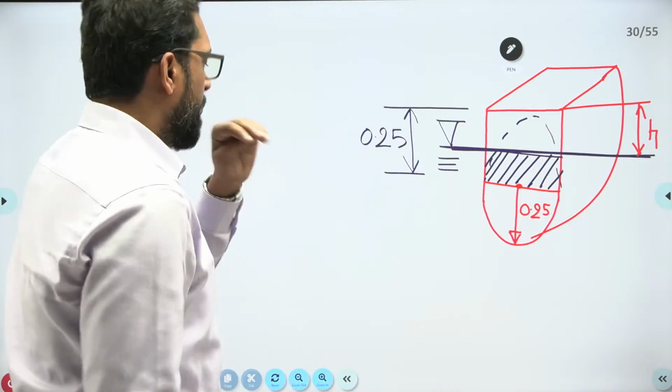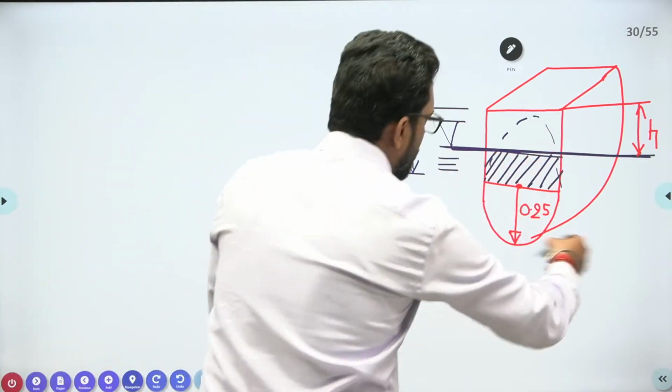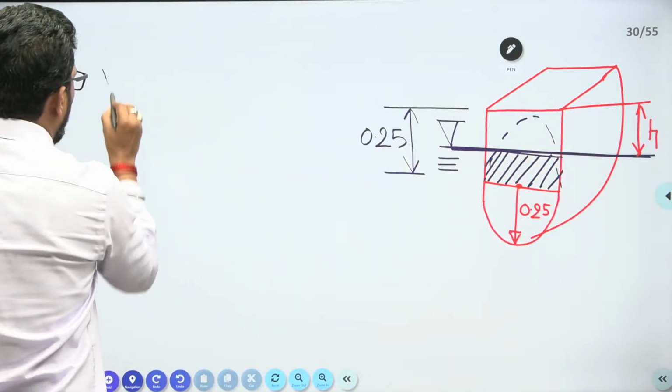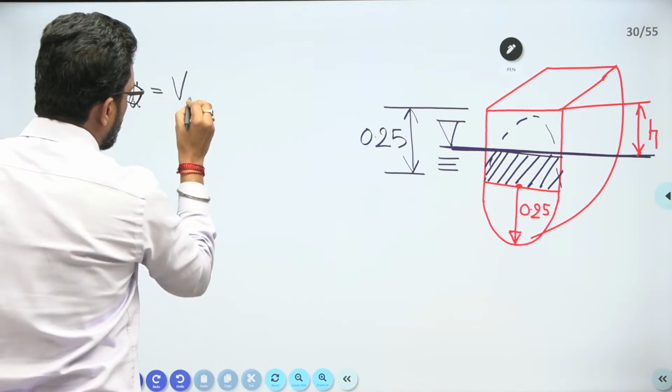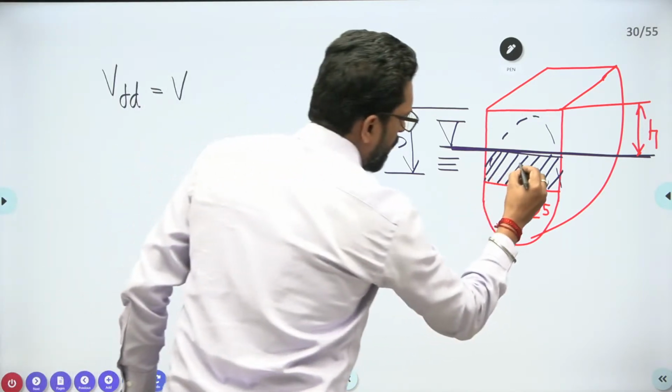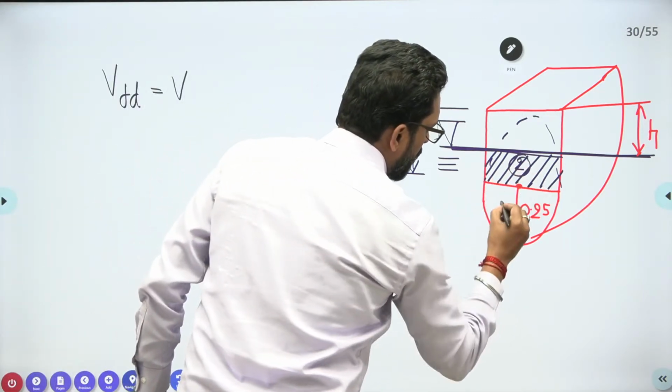Okay, so the fluid displaced: the volume of the fluid displaced is equal to the volume of part 1 which is submerged, plus the volume of part 2. Let's suppose this is 2 and this is 1.